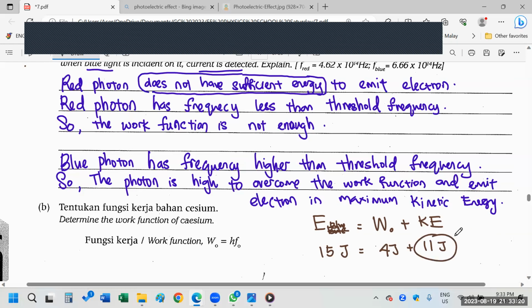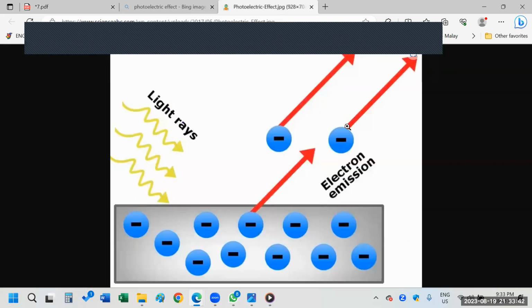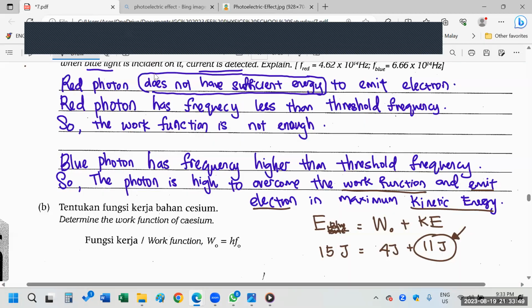That's why when there's energy more than the work function, only then can we have kinetic energy to emit out the electron. Emit means the electron moves out with high speed. Okay, so we say work function equals hf naught.